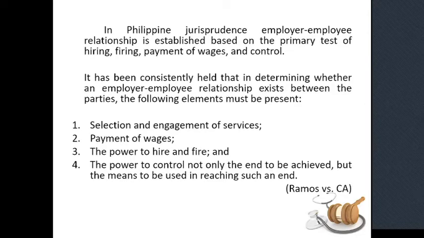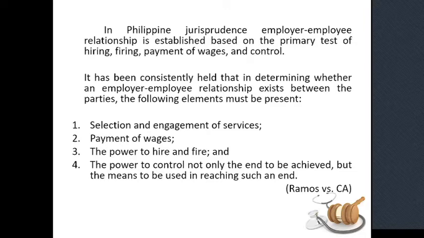So it has been consistently held that in determining whether an employer-employee relationship exists between the parties, the following elements must be present. First, there should be selection of the staff. So there should be like a hiring process where you select from among the potential candidates who can go and become part of your staff, and a contract to engage in services.